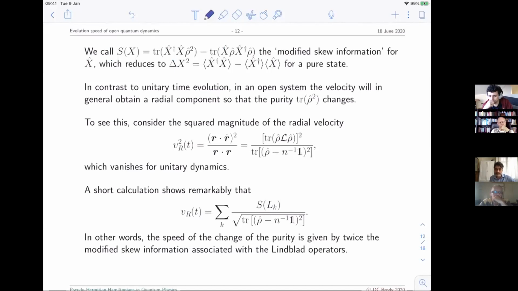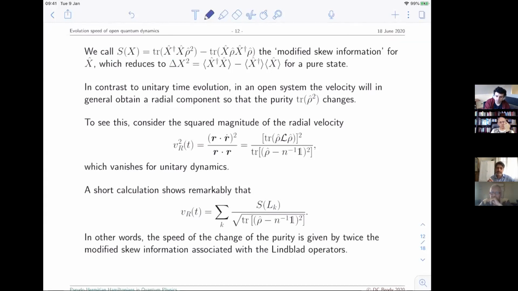It can stay the same if you have unitary motion, or it will decrease, but the opposite cannot happen. That's just life one has to live with in the context of open systems, and therefore it's useful to isolate this decay component from everything else in the dynamics. And I have a little bit more to say about that.